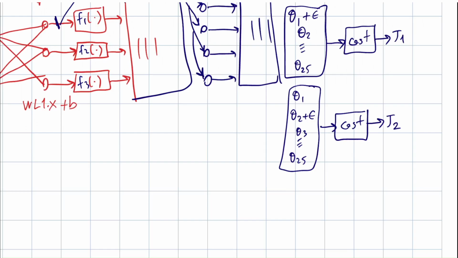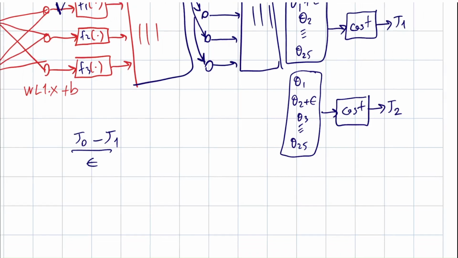Then what you have is the current cost value minus J1, which is the cost we get by tweaking the theta 1 value, divided by epsilon.